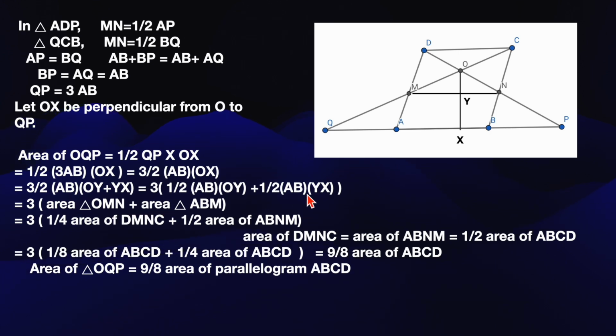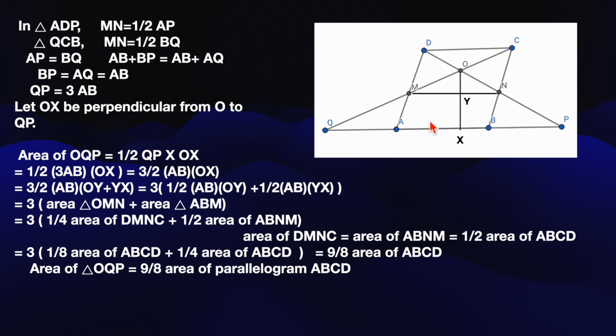What is 1/2 AB into YX? Here it is. YX is here. AB 1/2. So this YX is what? The same distance. If you take a perpendicular like this, so this is the height of this triangle. So 1/2 base into height.